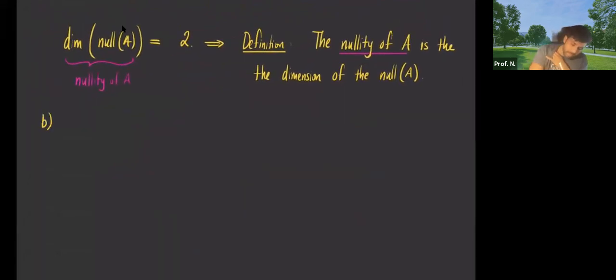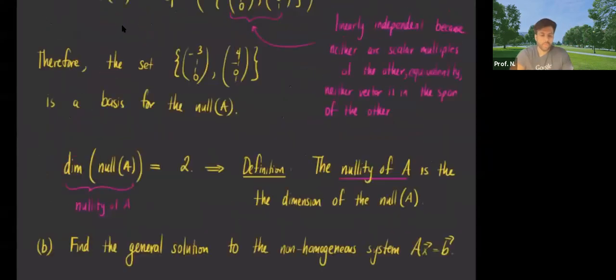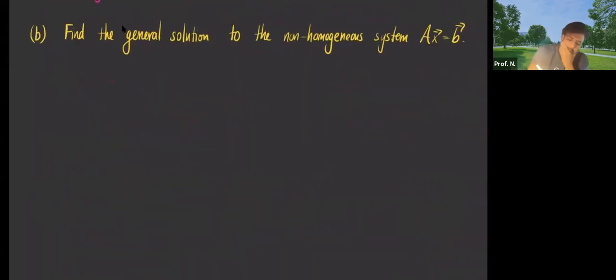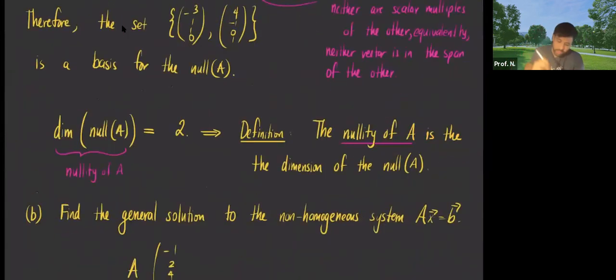Okay. And part B asks, find the general solution to the non-homogeneous system AX equals B. So we were given that the solution was -1, 2, 4, -3.